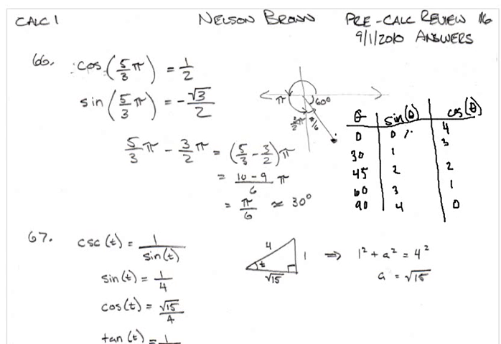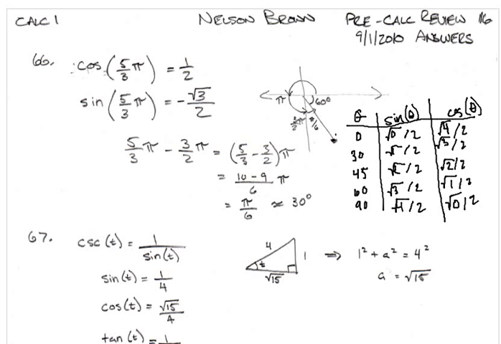We take half of everything, so each entry is over 2. And then we take the square root of the numerator of each.